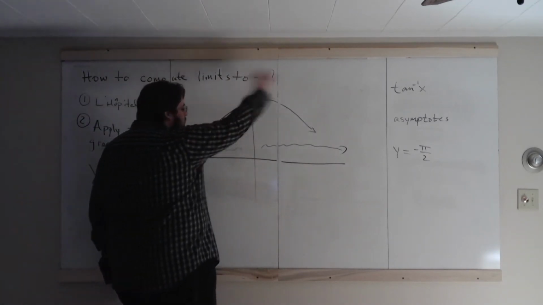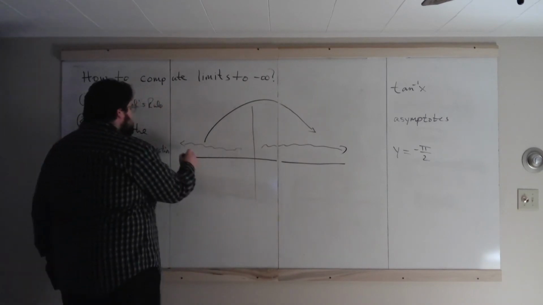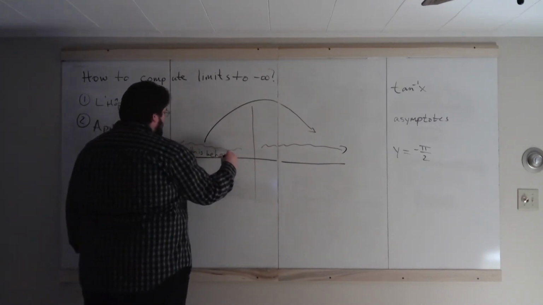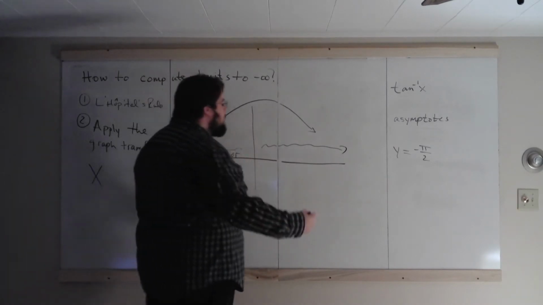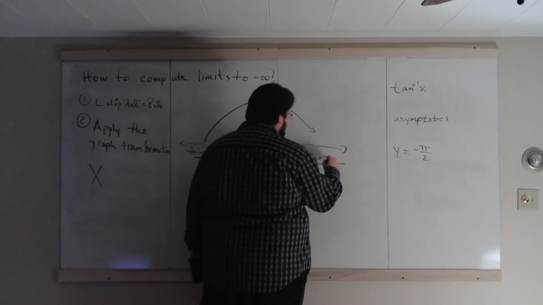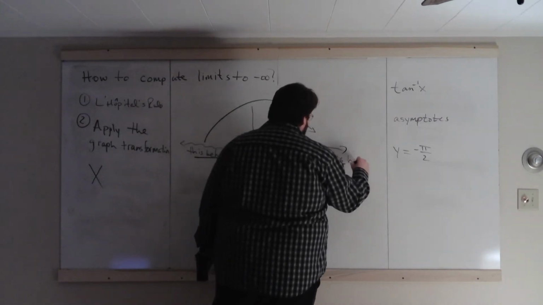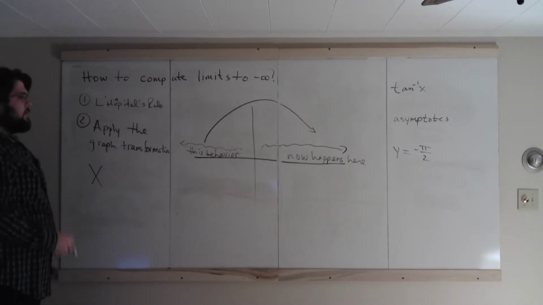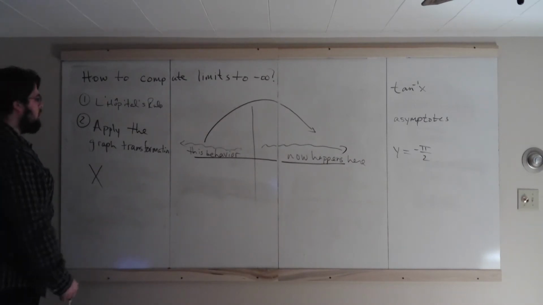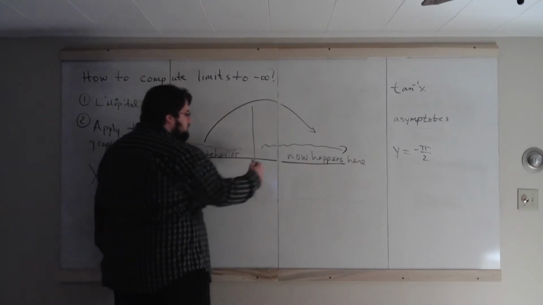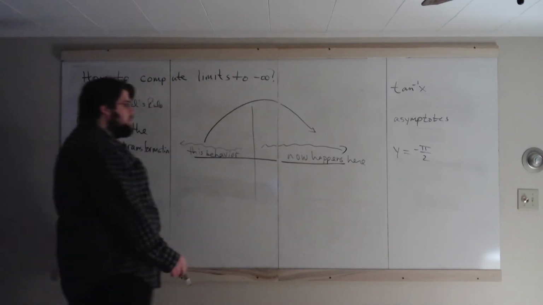Because if we flip it across the y-axis, then this behavior will now happen over here. So this behavior now happens there. What transformation will flip it across the y-axis? Well, we take all of these x's and replace them with negative x's.